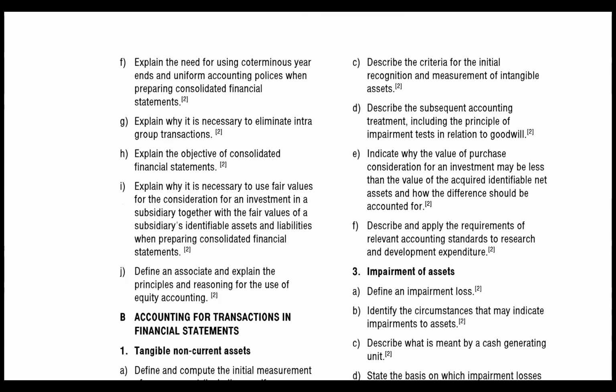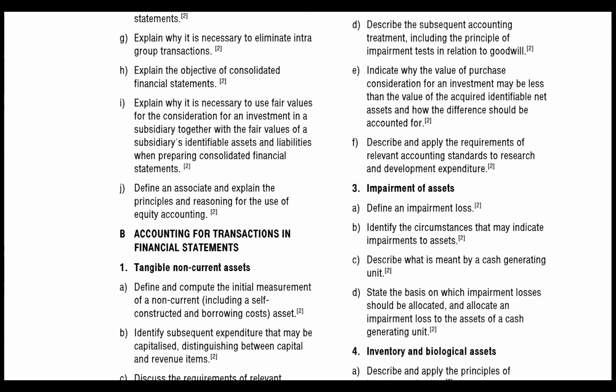Covering a lot of concepts under this subunit, we will also proceed and look at the impairment of assets. We will define what impairment is, define an impairment loss, what that means. We'll identify the circumstances that may indicate impairment to assets.